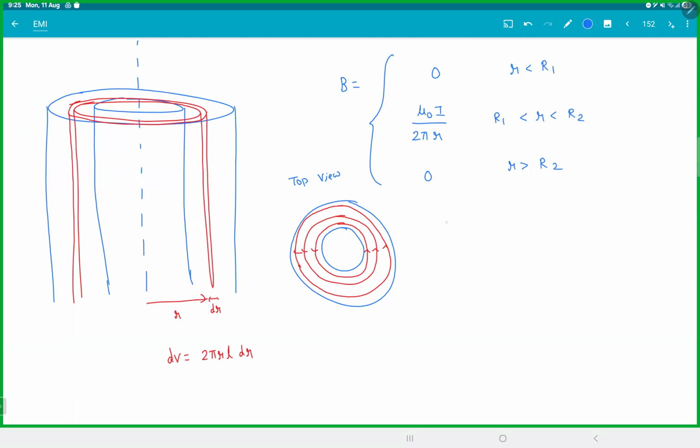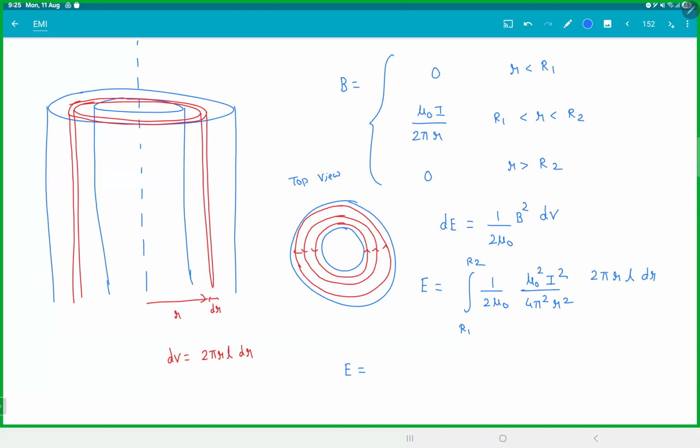Then we can use the formula dE equals 1 by 2 mu naught B square dV. So I can find the total energy stored, which will be the integral of 1 by 2 mu naught times mu naught square I square by 4 pi square r square times 2 pi r L dr. Limits will go from R1 to R2.